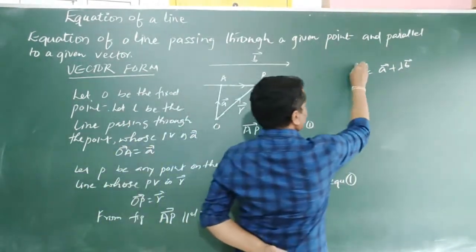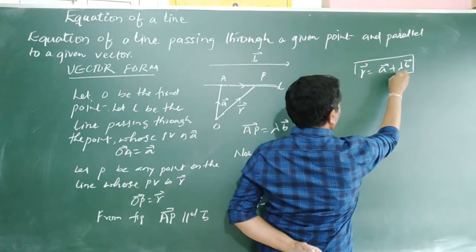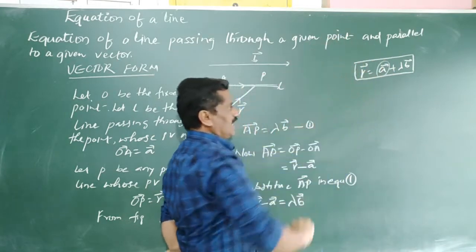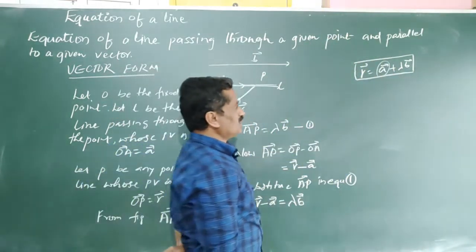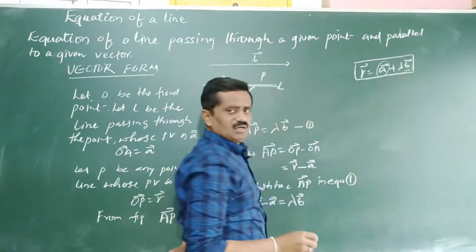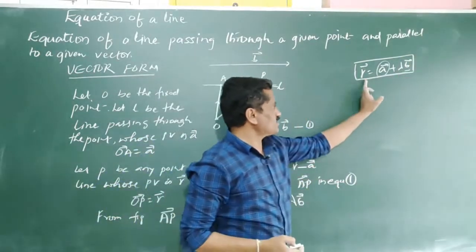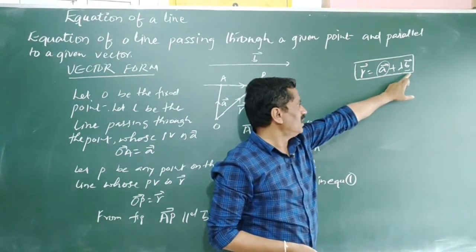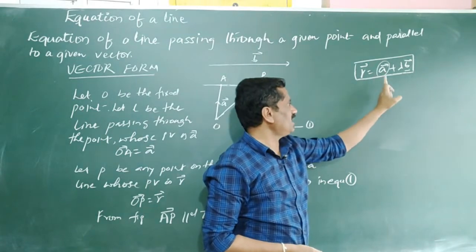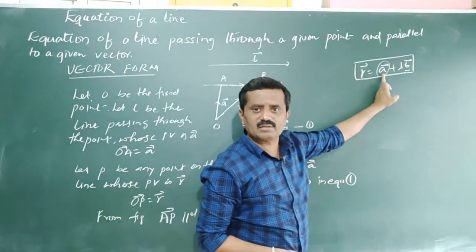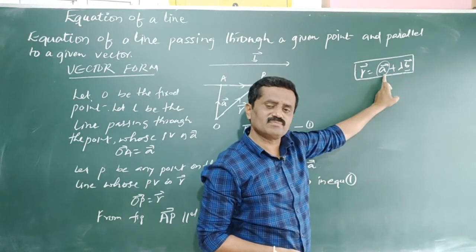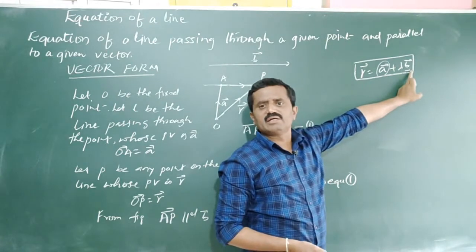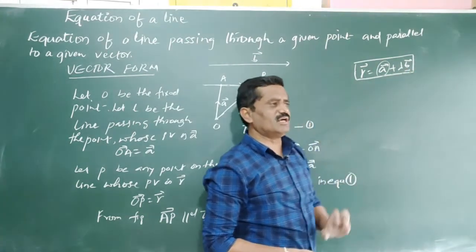So this is the equation of a line passing through the point whose position vector is A bar and parallel to the vector B. So R bar is equal to A bar plus lambda into B bar is the vector equation of a line passing through the point whose position vector is A bar and parallel to the given vector. Okay, so this is the vector form.